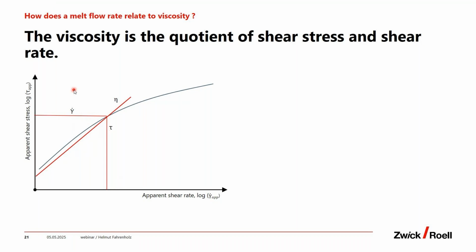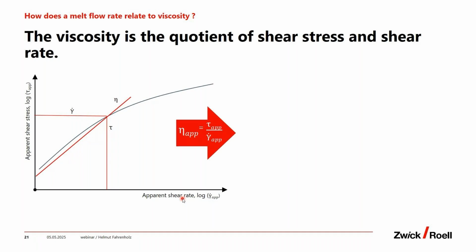But anyway, if we would do our test at different shear stress, like we see in method D, we measure under different loads, then we will see different shear rates, meaning different MVR values. And we could create an apparent shear stress, apparent shear rate diagram.